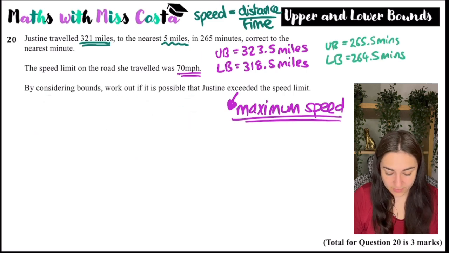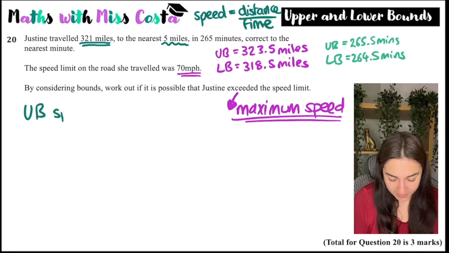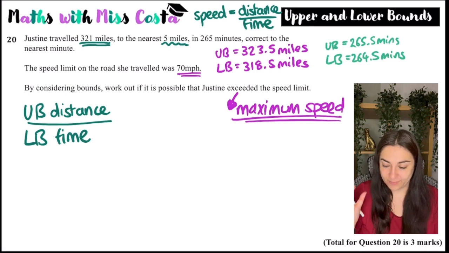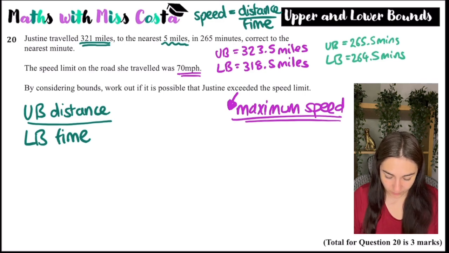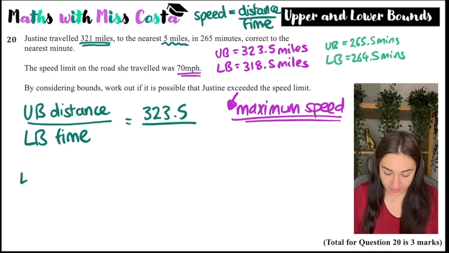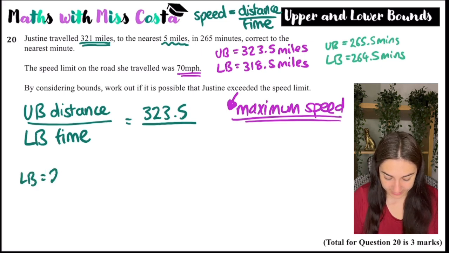So what I'm going to do is I need to find the upper bound of her distance and divide that by the lower bound of her time, because the more you travel in the less amount of time, the higher your speed must be. So what's her upper bound of distance? It's 323.5 miles. Now the lower bound of time is 264.5 minutes.